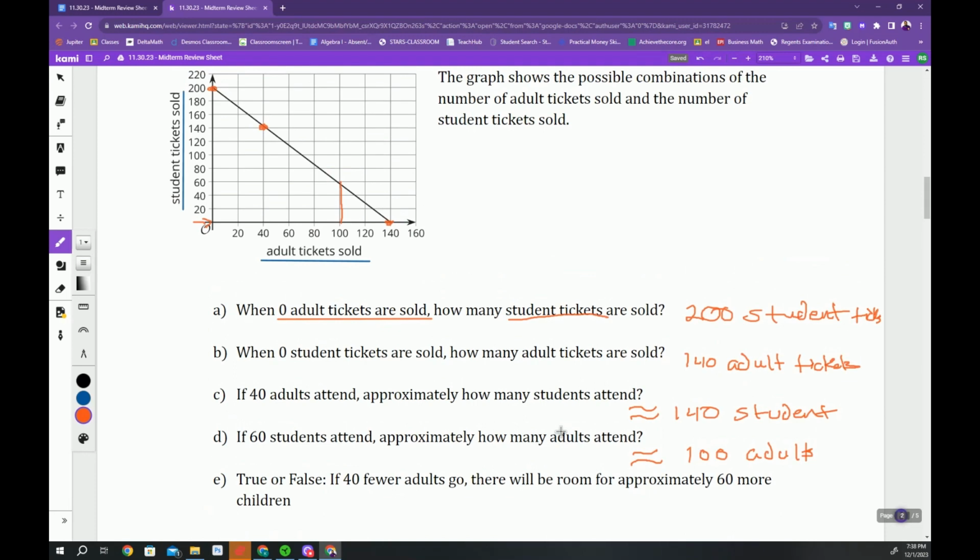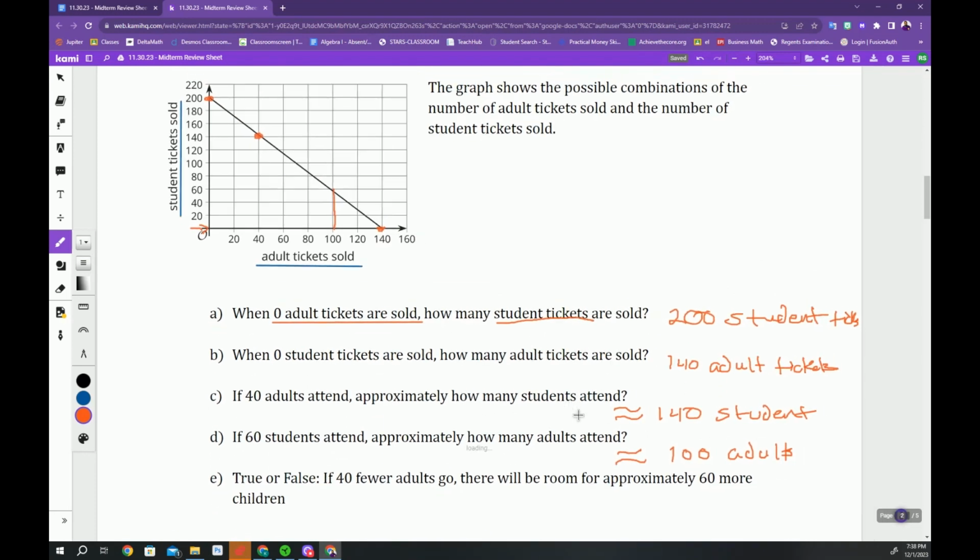Now the last one, true or false? This one's a little trickier. If 40 fewer adults go, there will be room for approximately 60 more children. So how do we figure this out? A good way to think about this is, let's see what's the maximum amount of adults that can go. If we take a look here, the maximum amount of adults that can go if absolutely no students go is 140.